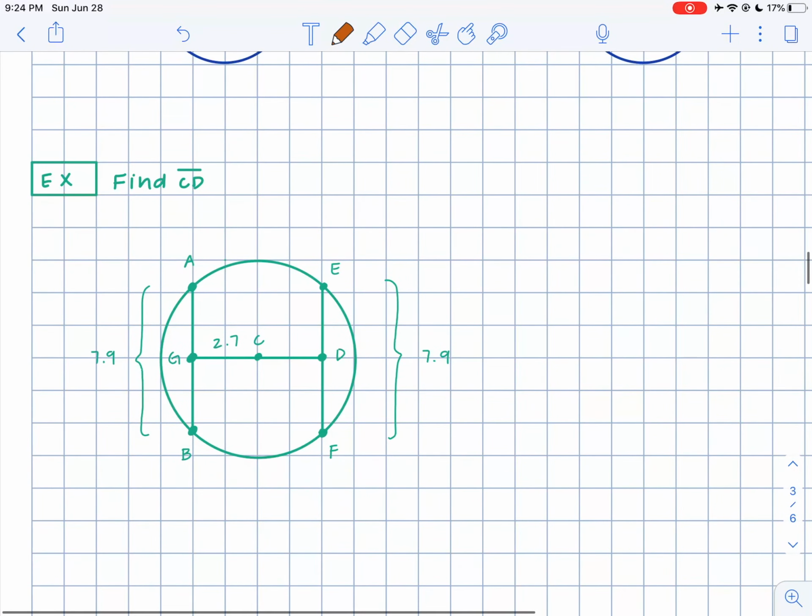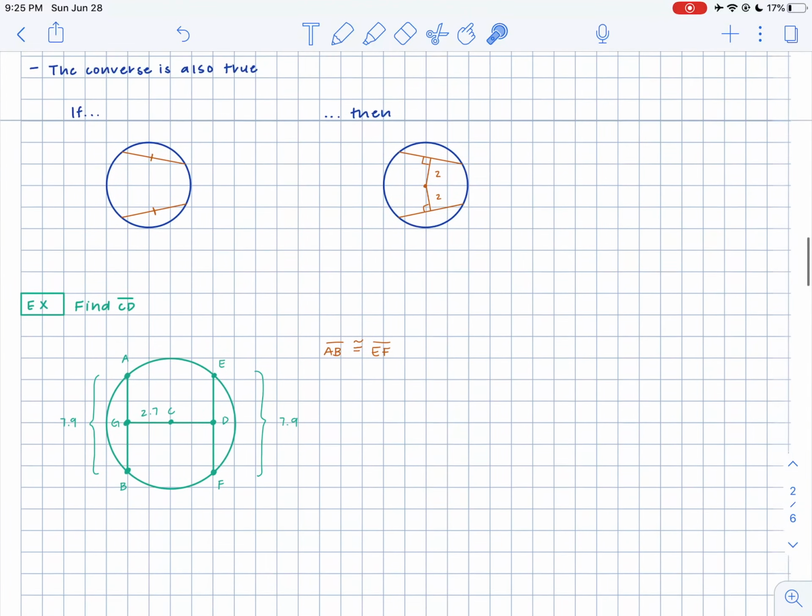So let's look at an example. Let me zoom in. They are asking you to find the length of segment CD. Okay, so let's look at what's given already. We're given that chord AB is 7.9, let's say centimeters, and we're also given that chord EF is 7.9 centimeters. So right away, we know that chords are segments, and segment AB is congruent to segment EF. So we know that the two chords are congruent.